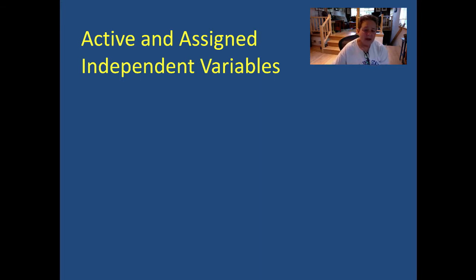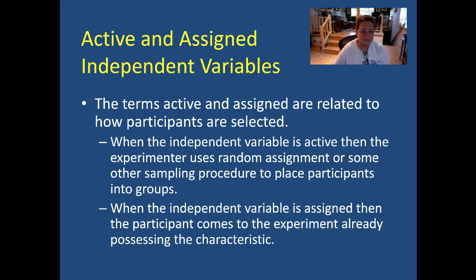Active and assigned independent variables: when the independent variable is active, it means that the experimenter, through random assignment or some other acceptable sampling procedure, places the subjects into the groups.